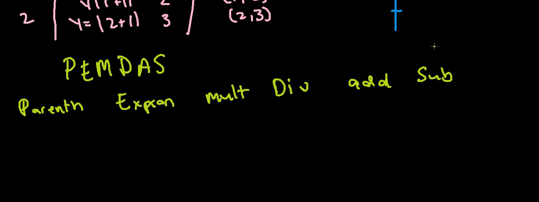That's the easiest way for me to remember. And parentheses means that you do things in the parentheses first. And exponents means then you do the exponents, then you do multiplication, then division, then addition, then subtraction.